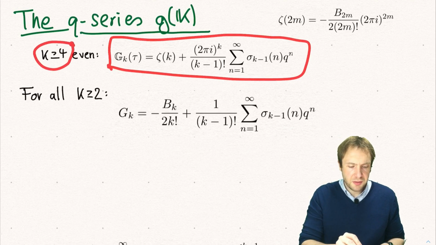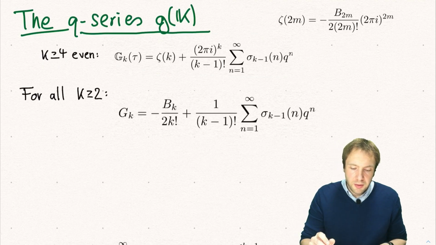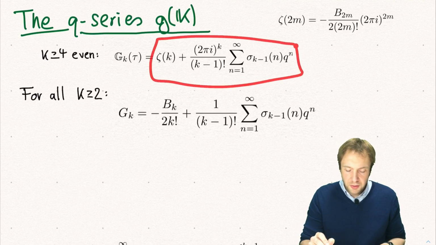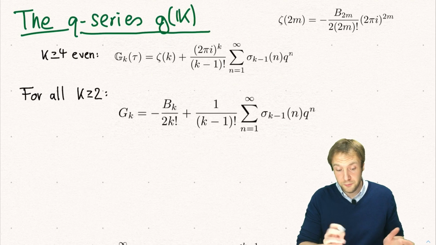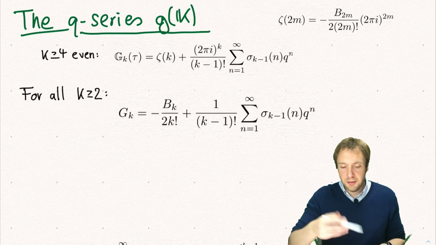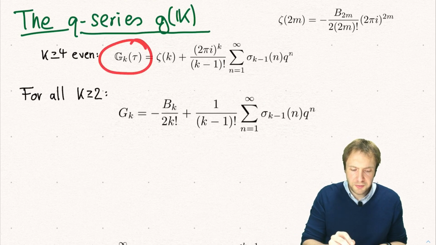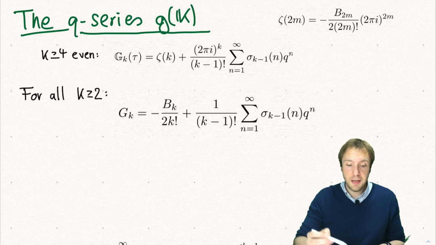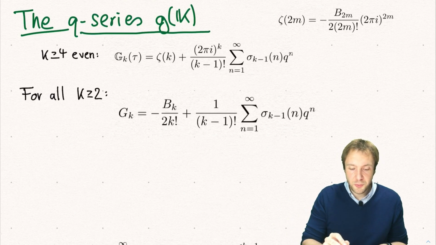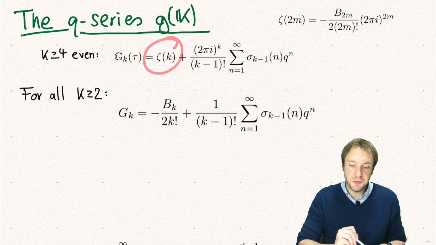This definition we did for k greater or equal to 4 and even. But this Fourier expansion also makes sense for any k. And because of this factor (2 pi i) to the power k we saw before, if I multiply this by (1 minus q) to the power k, and then send q to 1, I would get (2 pi i) to the power k times the constant term.